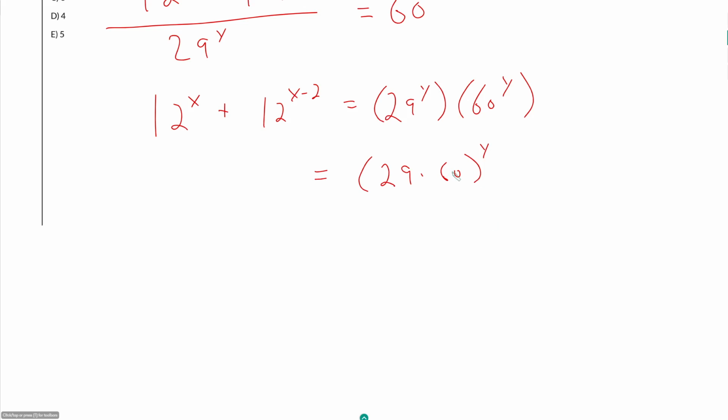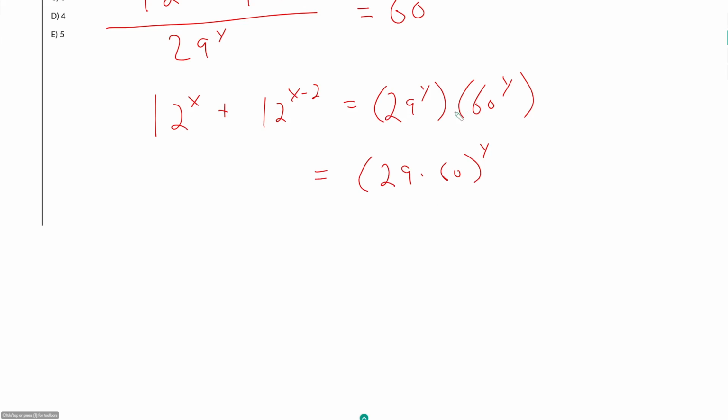And the question is, though, would you want to do this? Just because you can do it does not necessarily mean you should. And I would say in this case, I wouldn't want to do this because I have 12s over here. And so now what I'm doing is I'm getting a base here that's going to be something in the thousands. It's going to be close to 1800. And so I don't want to be doing that.